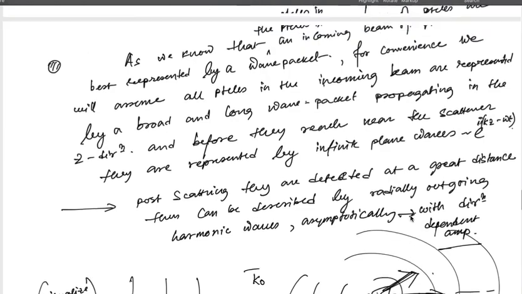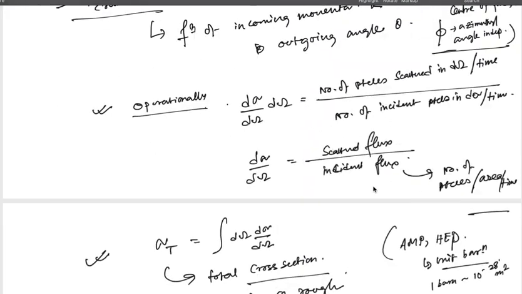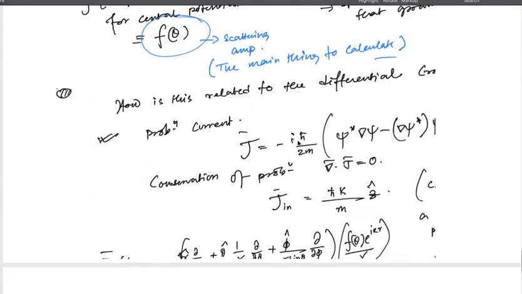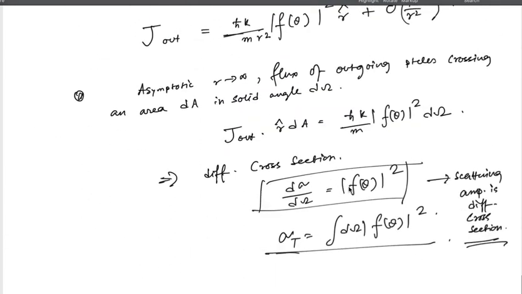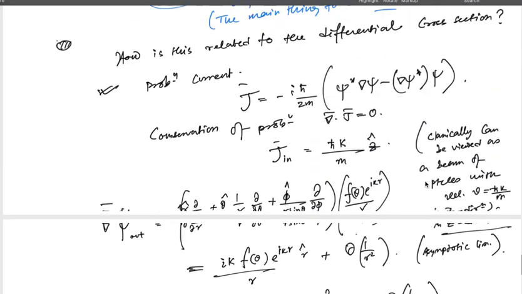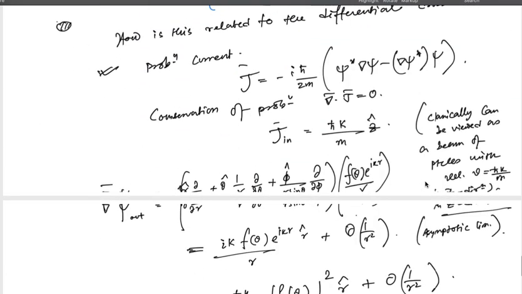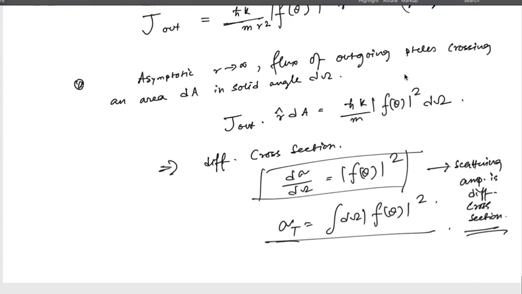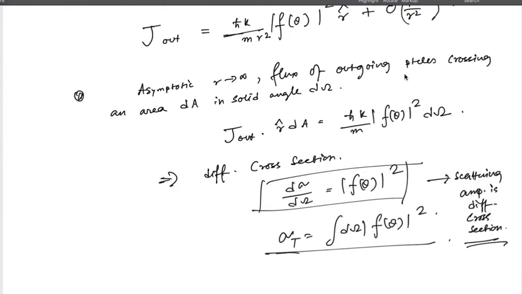As we discussed, the differential cross section is basically this ratio. If we take that ratio, we get |f(theta)| squared. So the scattering amplitude we calculate in quantum mechanical language, this factor, is basically the differential cross section as we defined it within the classical framework.